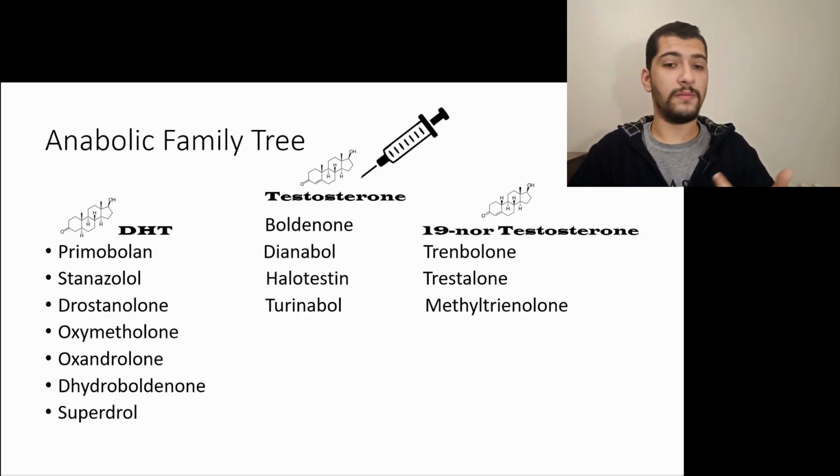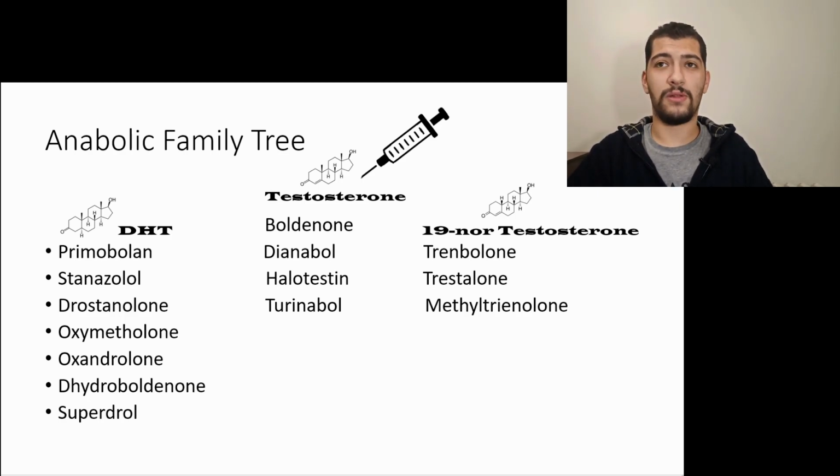In the testosterone family, we have boldenone and Dianabol, which is the 17-alpha alkylated version of boldenone. We have Halotestin and Turinabol, which used to be very famous among the East German athletes. It was used in the doping program. And we have the DHT family, with drugs like Primobolan, stanozolol, and drostanolone, which is Masteron.